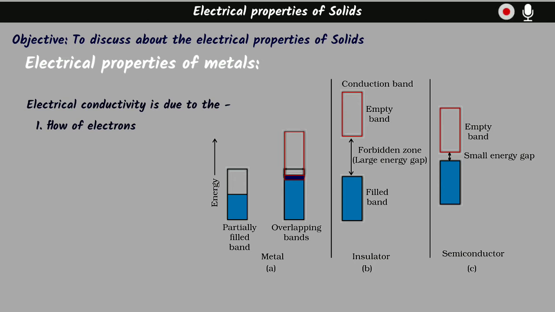We already talked about the examples of semiconductors, mainly silicon and germanium, sometimes known as intrinsic semiconductors.